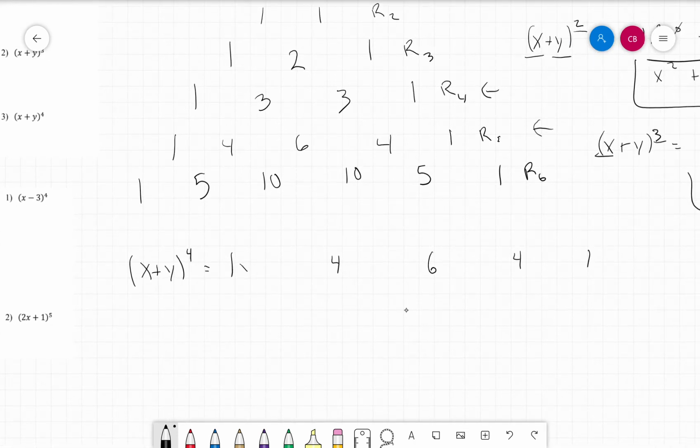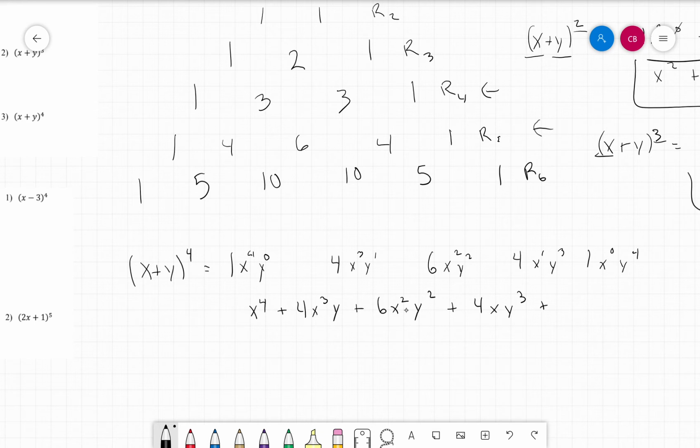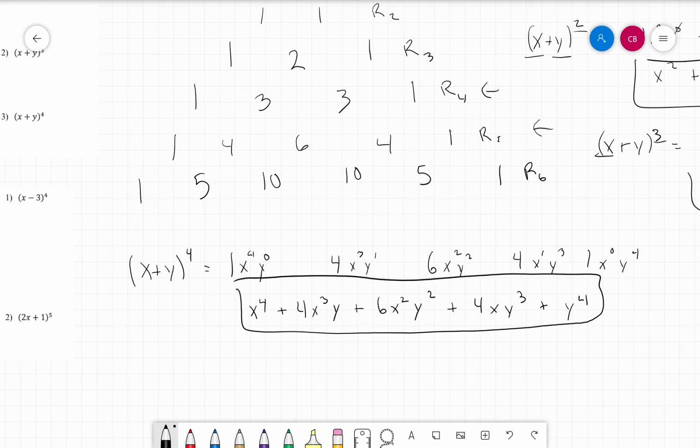We have x to the fourth, x to the third, x squared, x to the 1, and x to the 0, y to the 0, y to the 1, y squared, y to the third, and y to the fourth. So we take the values. This is x to the fourth plus 4x cubed y plus 6x squared y squared plus 4xy cubed plus y to the fourth. So that one is most definitely faster than FOILing it out.